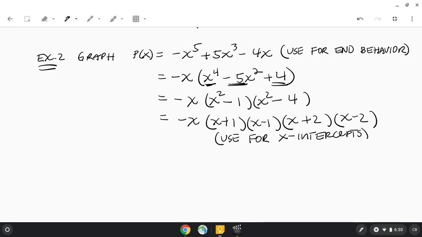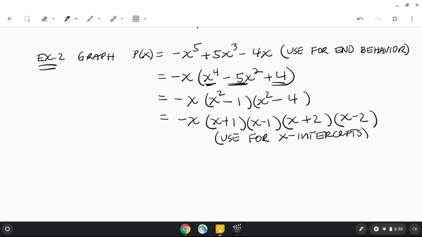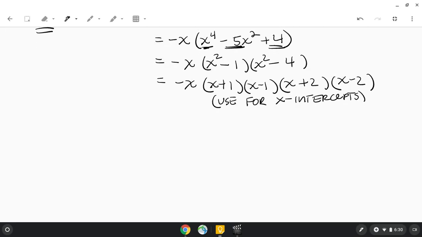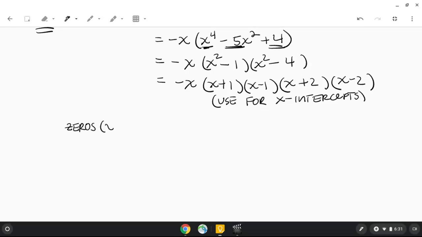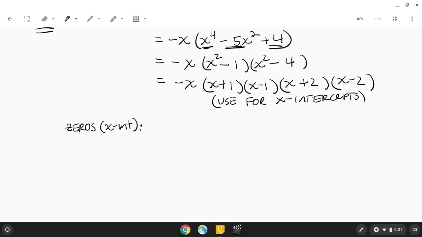All right. Since it's right there, let's go ahead and write them down. Our zeros, or our x-intercepts. All right, so we're going to have one starting with this one. Okay, right over there. This one counts. So we have one at x equals 0.